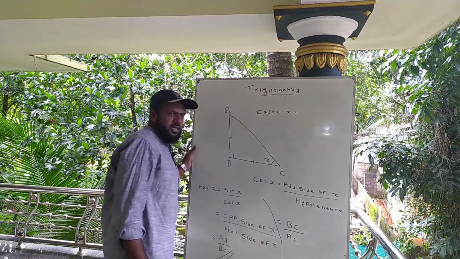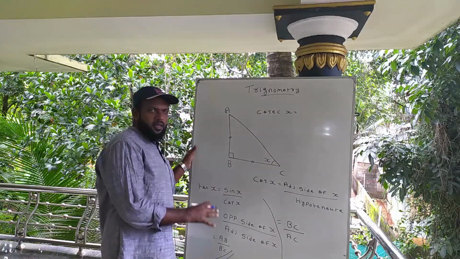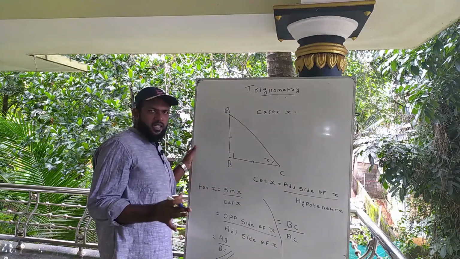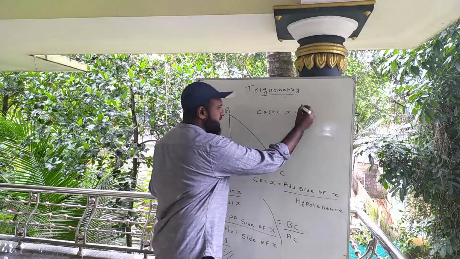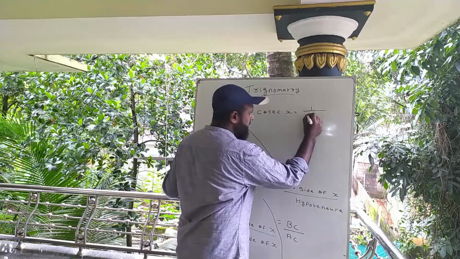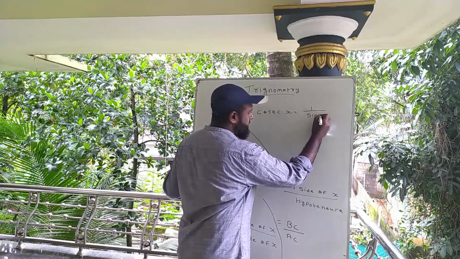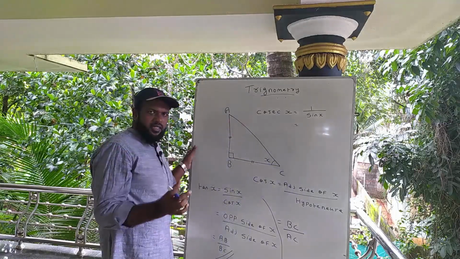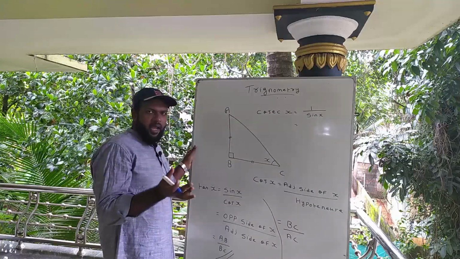What is cosec X? We can simply define cosec X as a reciprocal of sin X. What is the reciprocal of sin X? 1 by sin X. We write sin X as opposite side by hypotenuse.